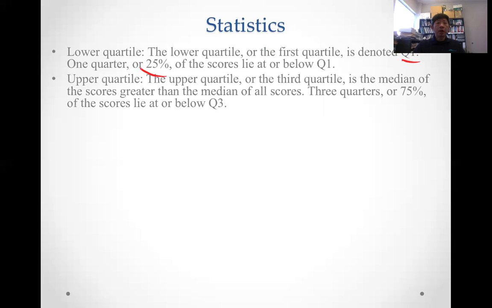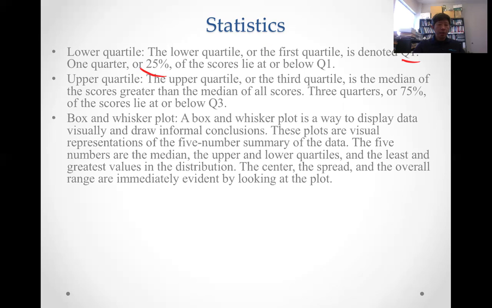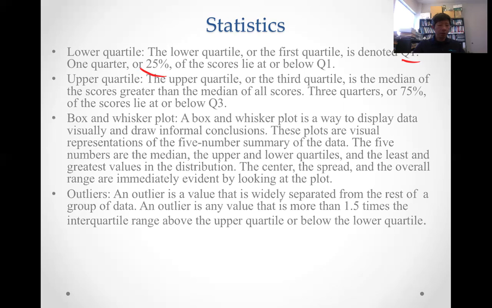Now the upper quartile, the third quartile, is the median of the scores greater than the median of all scores. 75% of the scores lie below Q3, okay? So lower quartile, upper quartile. Later we're going to talk about the box and whisker plot, and then about outliers.